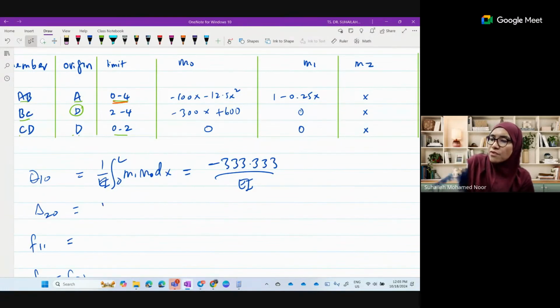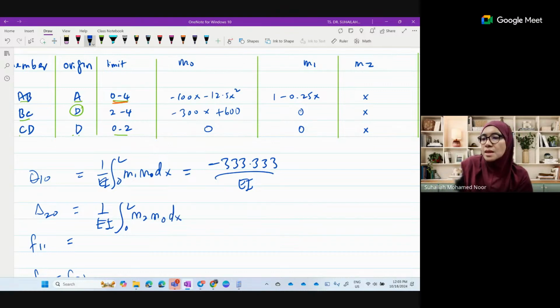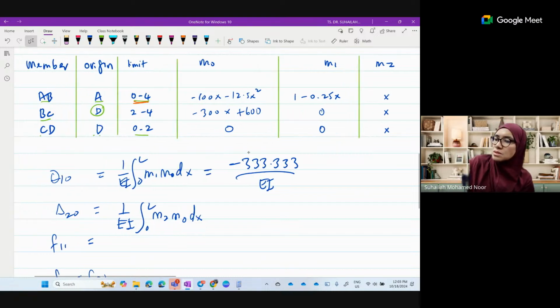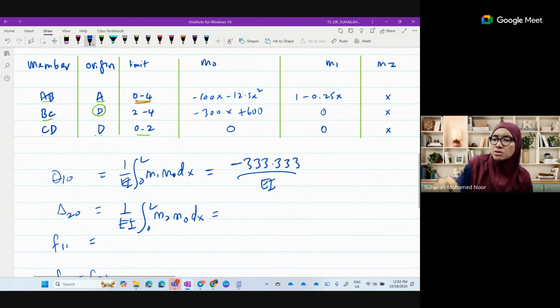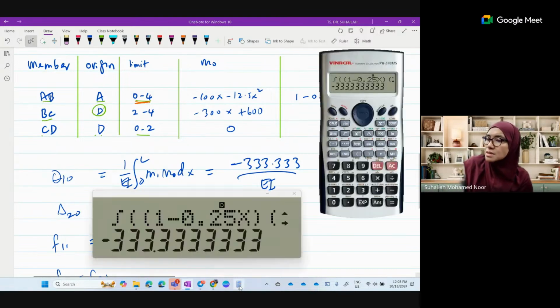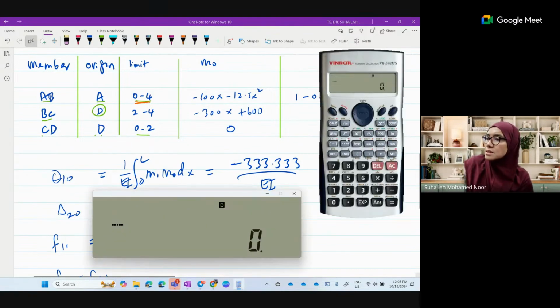So do the same for delta 2 naught from 0 to L M2 M naught dx. M2 M naught dx ada dua lah, AB dengan BC, right? BC, CD sebab sini 0, right? So terus lah tengok table, terus key in dalam calculator. Okay.